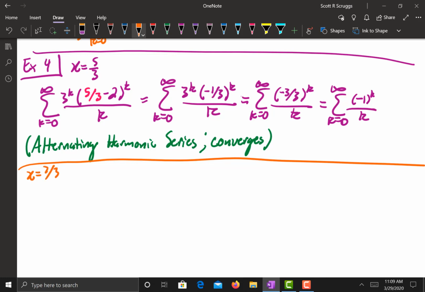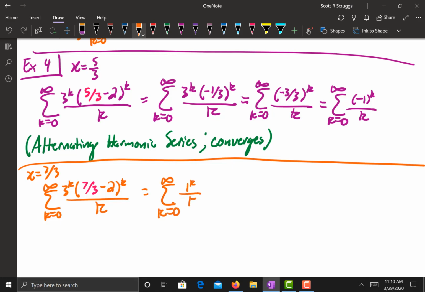Now let's plug in 7/3. The sum goes from 0 to infinity of 3 to the kth power times 7/3 minus 2 to the kth power over k. 7/3 minus 2 is just 1/3. And doing the work that we did previously, I just get 1 to the kth power. But 1 to the kth power is just 1.